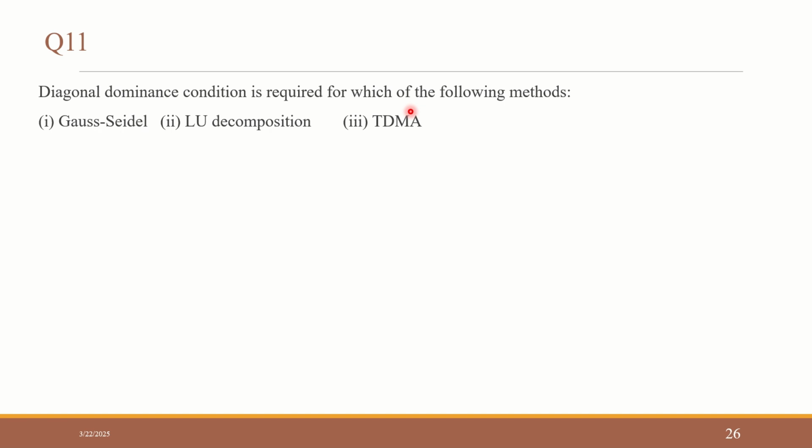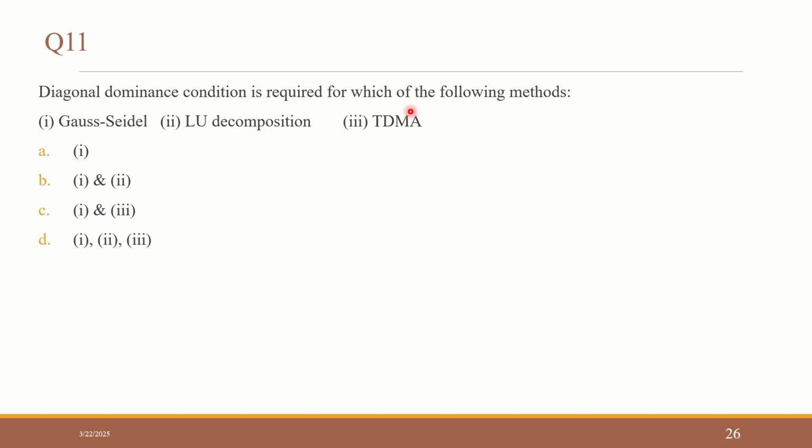Looking at the options: option A, it is 1. Option B, it is 1 and 2. Option C, it is 1 and 3. Option D, it is 1, 2 and 3.